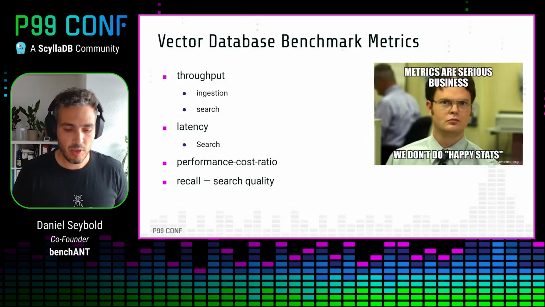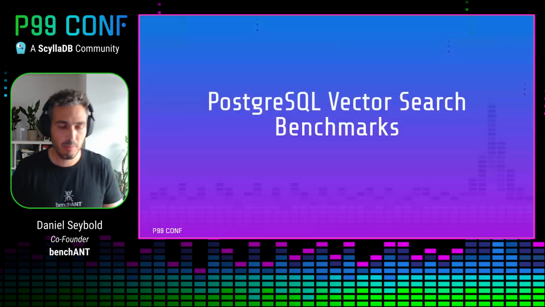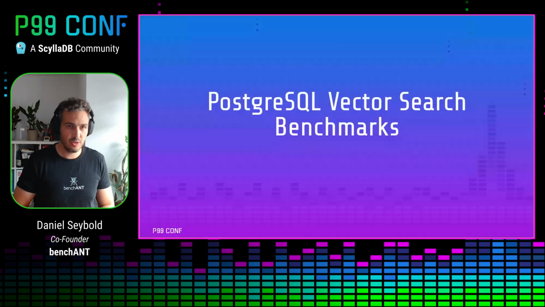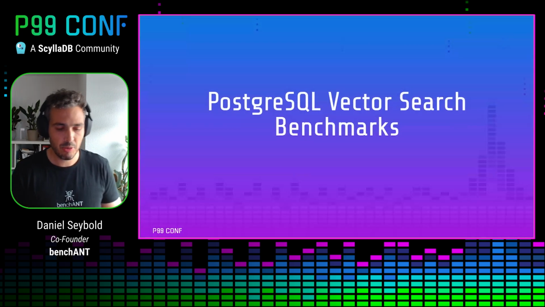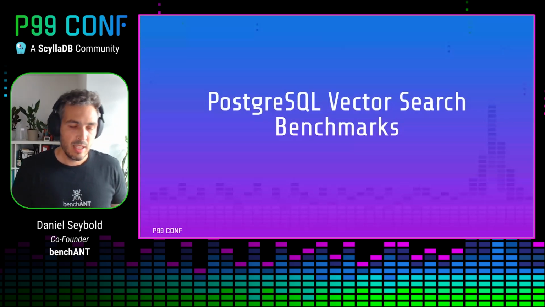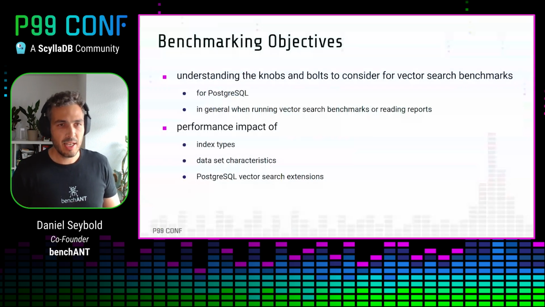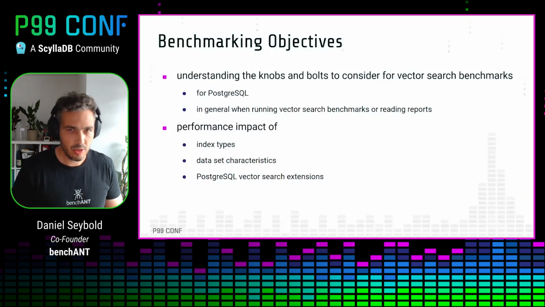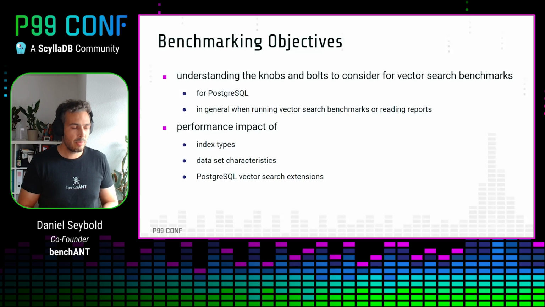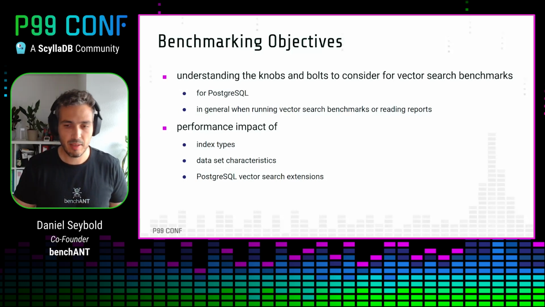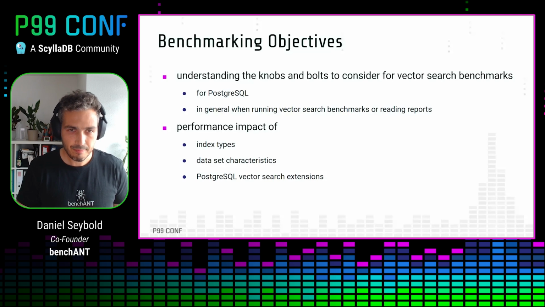And with that brief overview on the toolset and the metrics for benchmarks, we can dive into the Postgres vector search benchmarks. In the rest of the talk, I will provide you an understanding of the knobs and bolts to consider if you run vector benchmarks for Postgres, but also for other vector databases in general.